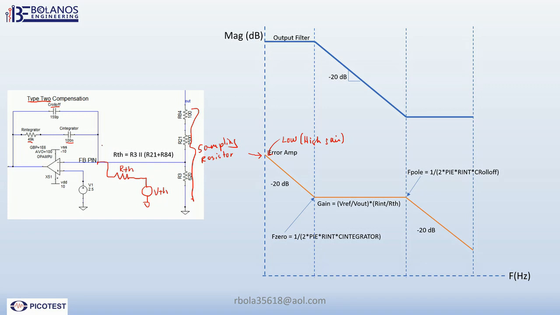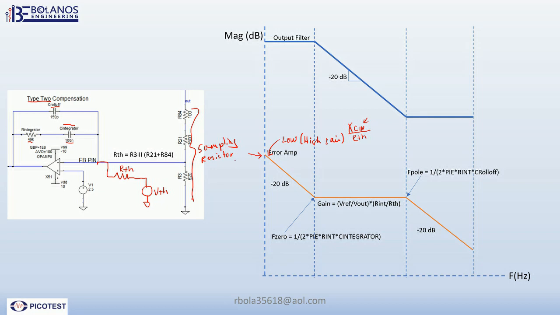The reason is that at low frequency, between the integrator resistor and the integrator cap, the dominant impedance is going to be the integrator cap. So it's basically the X of C of the integrator divided by your R Thevenin. If this is big, you have high gain.